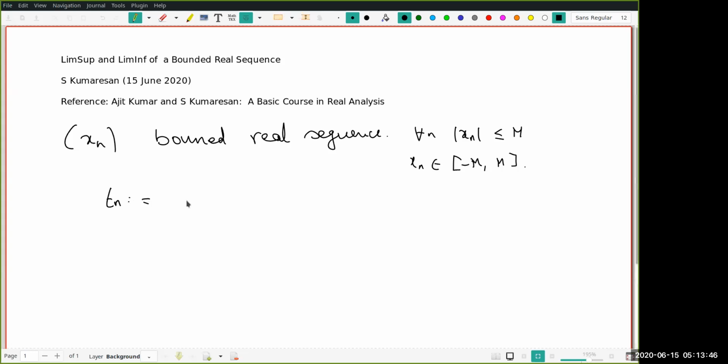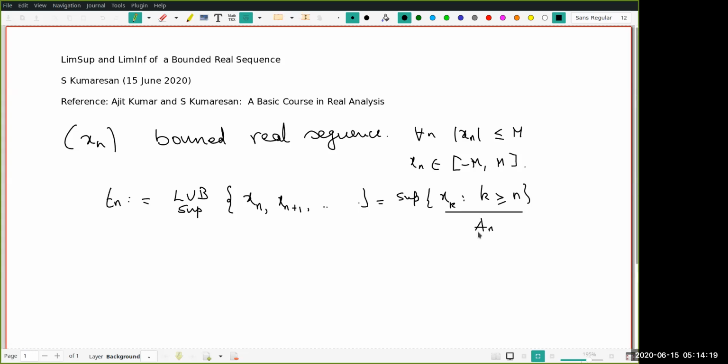By definition this is the LUB or supremum of xn, xn plus 1, and so on, which is the same as the supremum of the set xk, where k is greater than or equal to n. Let us call this set An. So what does An consist of? It consists of terms of the sequence xk, where k is greater than or equal to n.